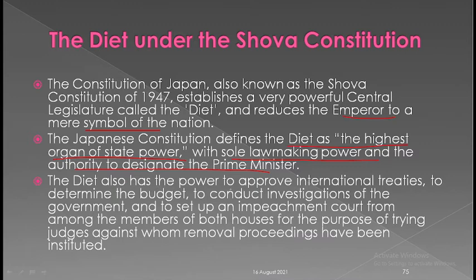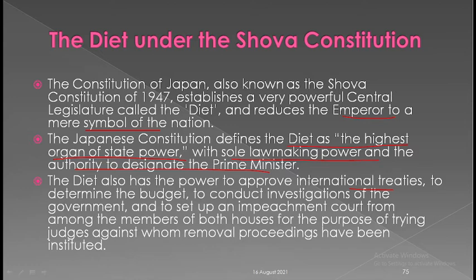The Diet also has the power to approve international treaties, to determine the budget, to conduct investigations of the government, and to set up an impeachment court from among the members of both houses for the purpose of trying judges against whom removal proceedings have been instituted.